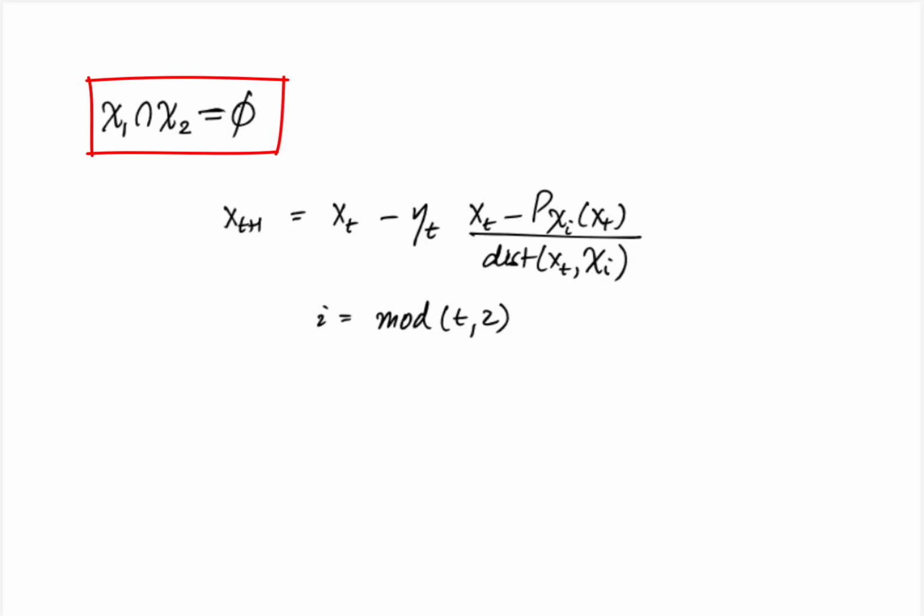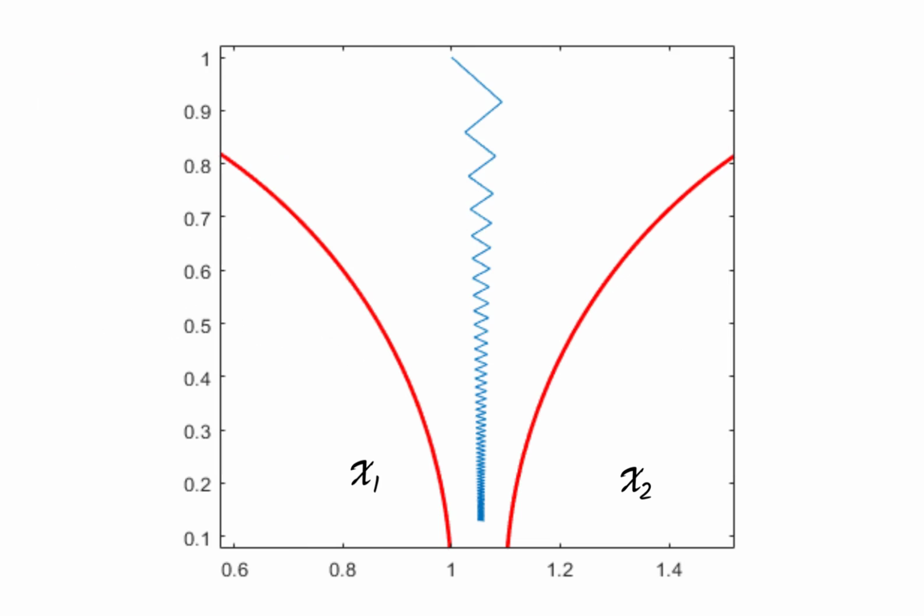So we use the usual eta t equal to 1 over square root t. As you can see in this figure, when using a diminishing step size, the iterates will not go all the way up to the sets but stop midway only. This is also a zigzag behavior, but the amplitude is less and is typical of the diminishing step size subgradient method. And you will be able to see this in many problems.